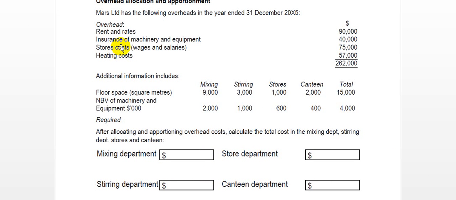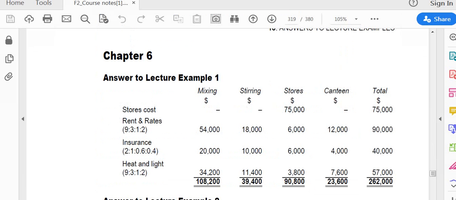The stores were already allocated. We are remaining with the heating costs of 57,000. Heating costs will go with floor space. So use the floor space to prorata again: 9 divided by 15 times 57, 3 divided by 15 times 57, until the whole 57 is prorated.